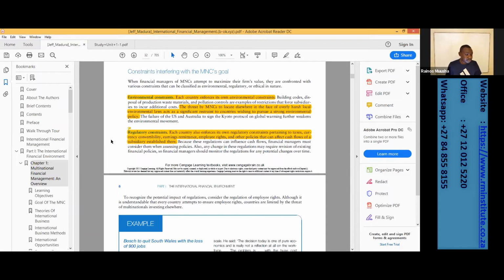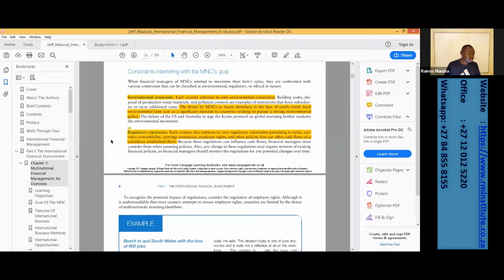Which means that if there are harsher regulatory constraints, it's going to be very difficult for the parent company to get that money and sustain its own operations. So those are some of the things they have to take into account in deciding whether or not to invest in a particular country, depending on what the constraints are.